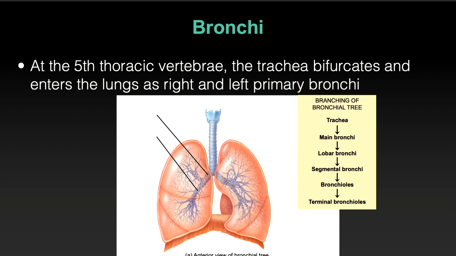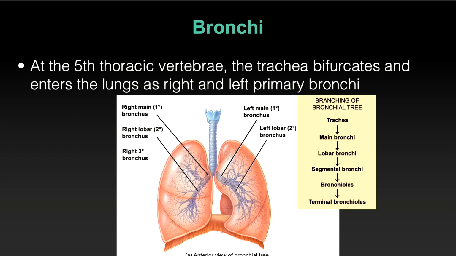It divides and then enters the lung as left and right primary bronchi. Also shown on this slide as main bronchi. And pretend the animations are working properly. So left and right main bronchi, there are only 2, one for each lung.